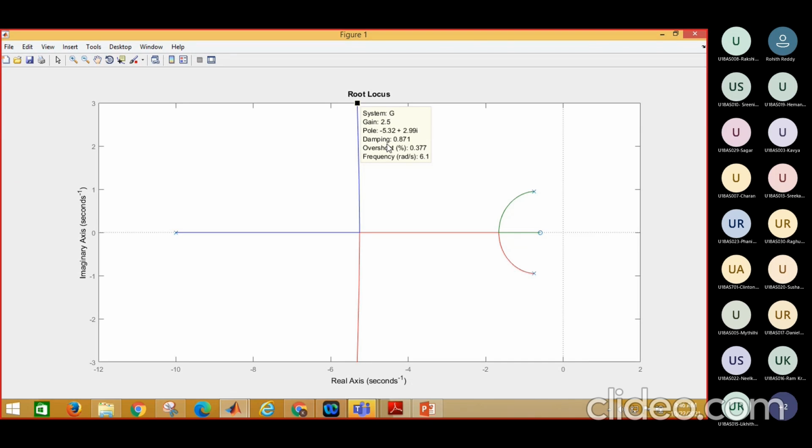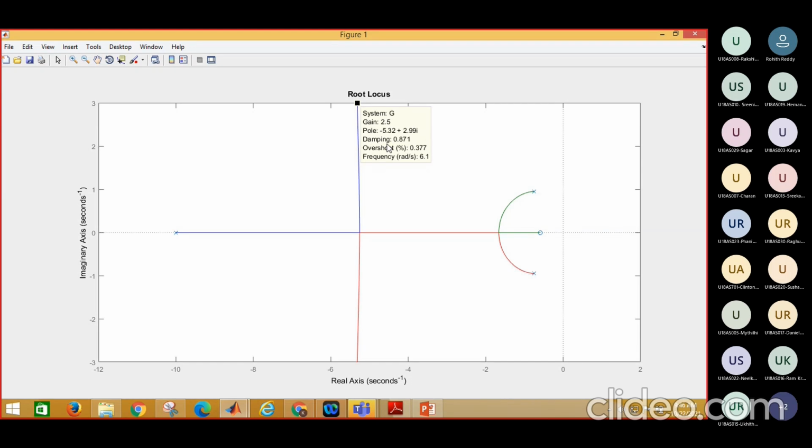So initially, for this basic jet transport aircraft for landing calculation, I select my rate gyro sensitivity value as 2.5. At this location my damping is 0.871. Why do we choose a high damping? Because this system also has an outer loop.